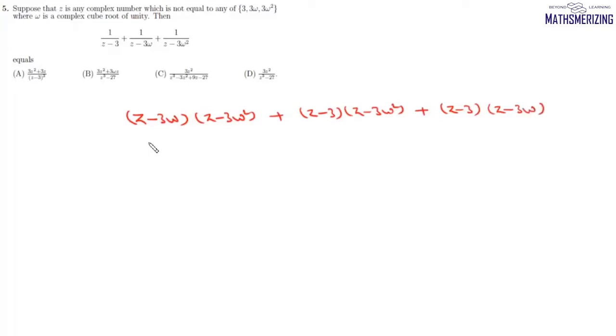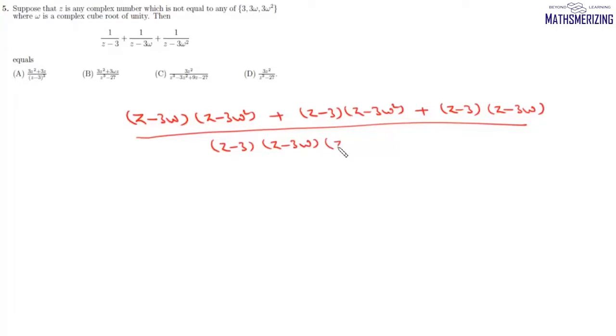Now we can write this as (z minus 3 omega)(z minus 3 omega square) plus (z minus 3)(z minus 3 omega square) plus (z minus 3)(z minus 3 omega) upon (z minus 3)(z minus 3 omega)(z minus 3 omega square).